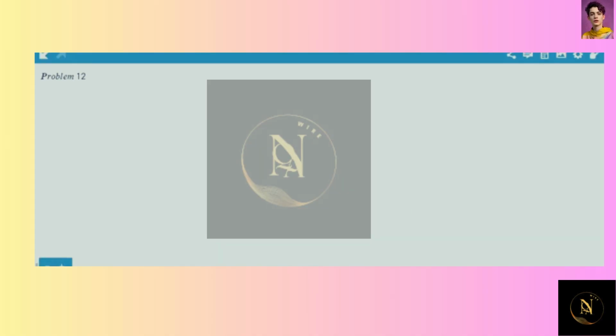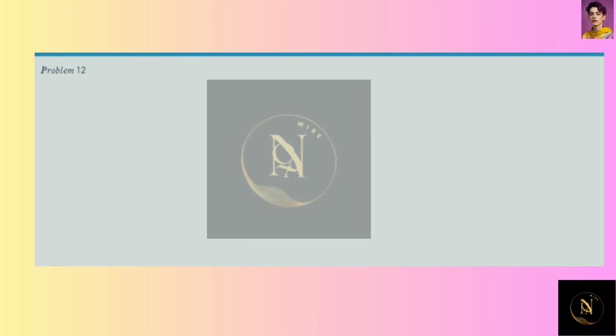This is problem 12 of chapter 23. For this problem, we are given two wavelengths. So let's label them lambda 1, which is going to be 656 nanometers, and lambda 2, which is going to be 410 nanometers.